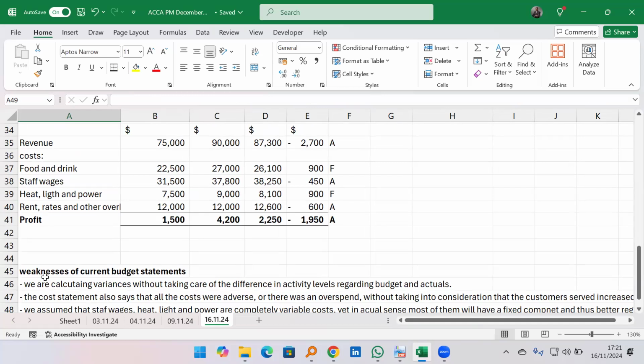And then the only time you change those numbers is if you, for example, get some casual workers to help, because you have, in this case, increased customers. And you can actually try to explain that, you see here, we performed poorly in the staff wages, even after considering that the customers we are serving increased, which means that we spent more.